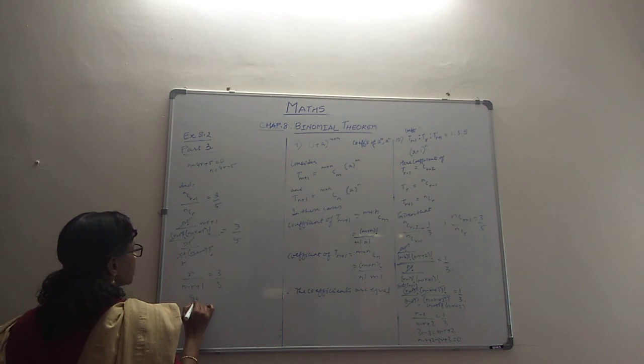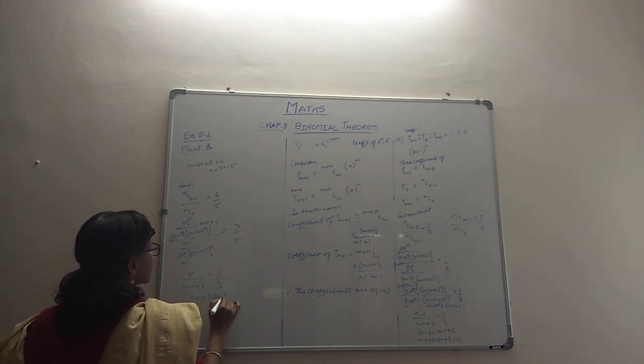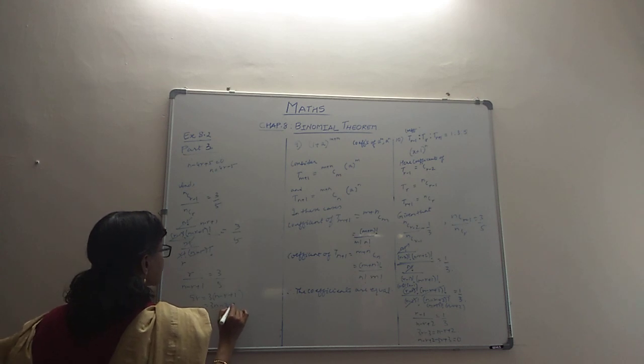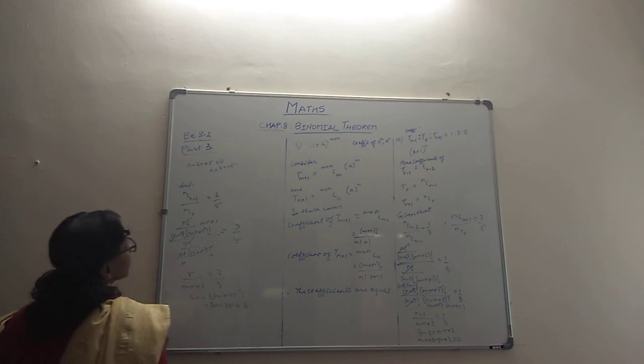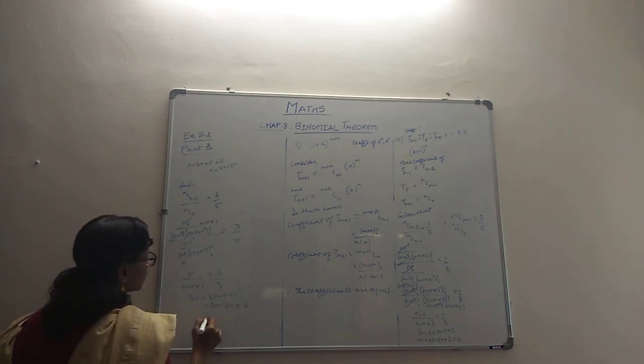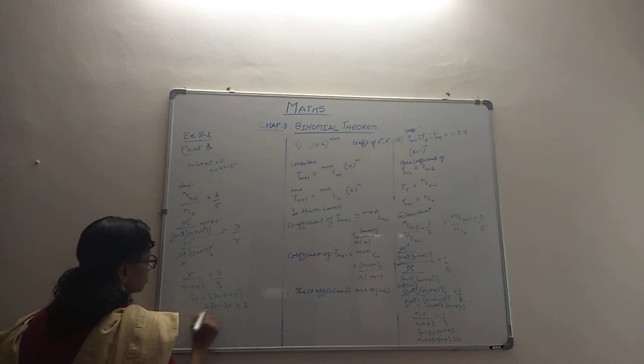Cross-multiplying, 5r is equal to 3 times (n-r+1), which is 3n minus 3r plus 3. This can become 8r minus 3 equal to 3n.